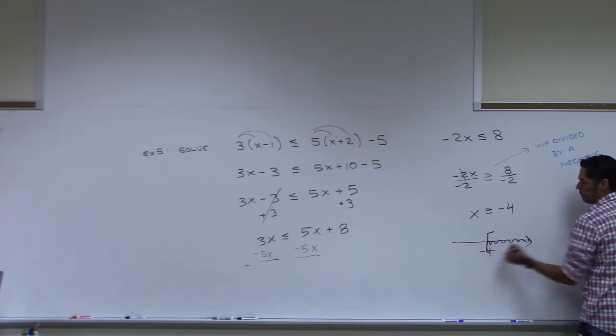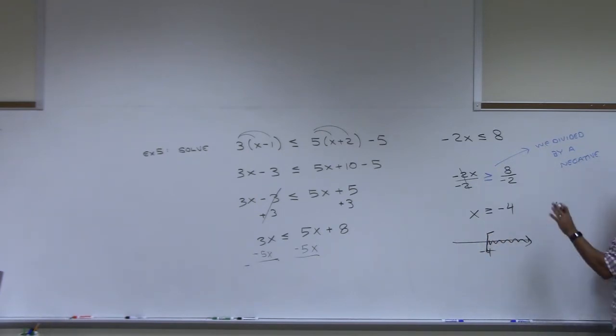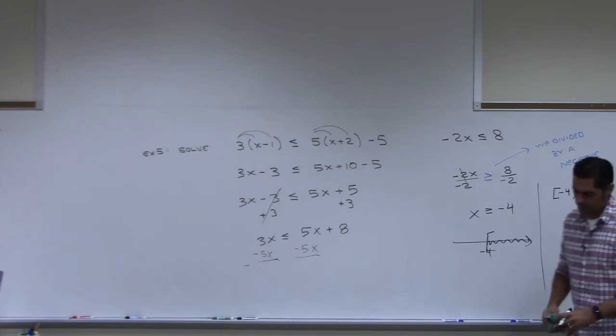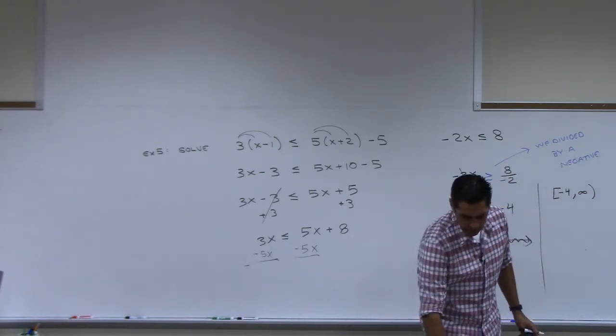And then that's the graph. Now the interval notation: bracket negative 4, comma, infinity, close it off with a parenthesis. All right. Is everyone okay with that?